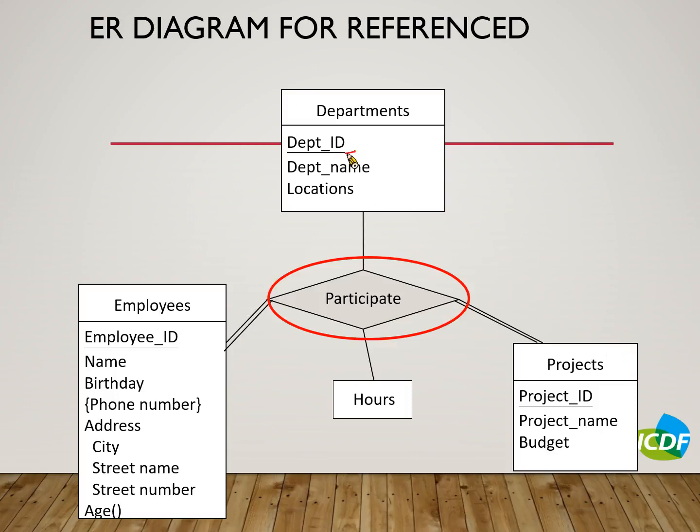Here, department ID, employee ID, and project ID have to be taken into account in this new table. We also have to consider the attributes attached to these relationships. So here, the hours value has to be considered in this new table.